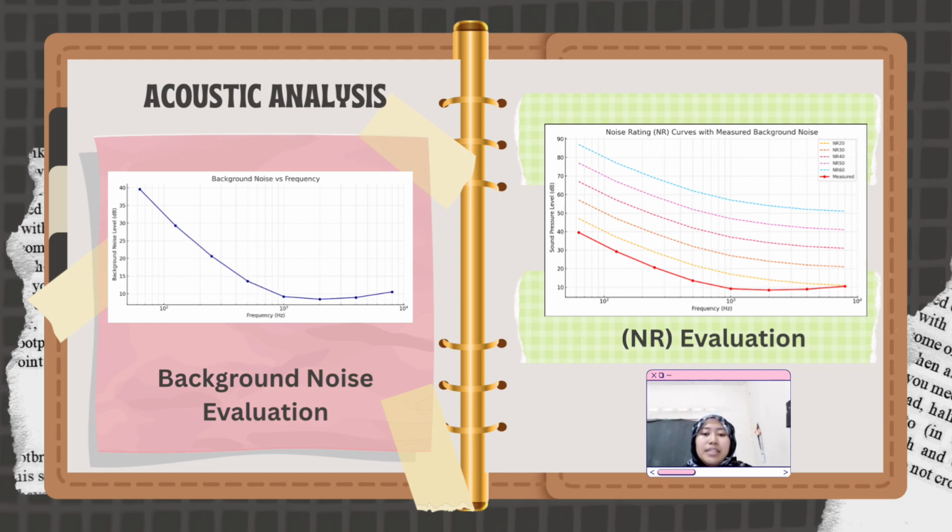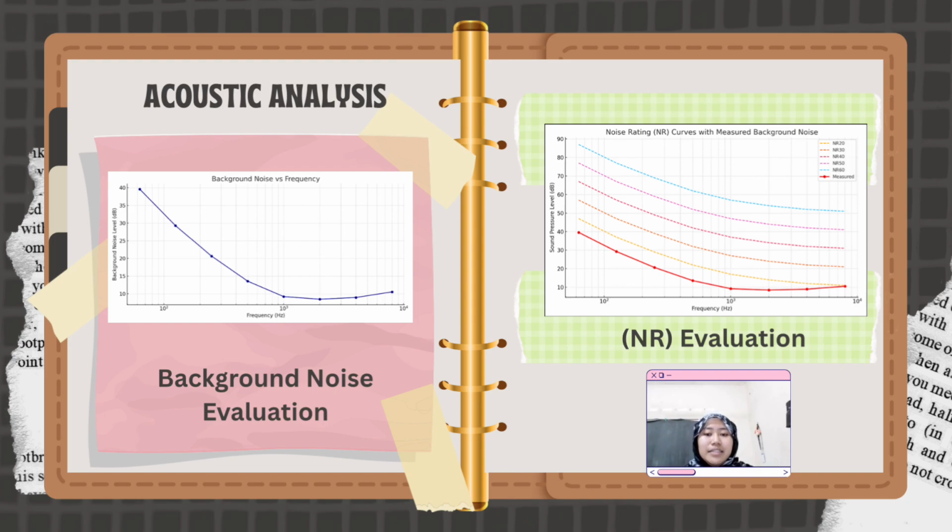So from this analysis, the space is relatively quiet and acoustically controlled. The only minor issue is the low frequency intrusion, but it doesn't exceed the acceptable range for a classroom or office-like environment. So the overall background noise level in Dewan Kuliah C is well within acceptable limits for its purpose.